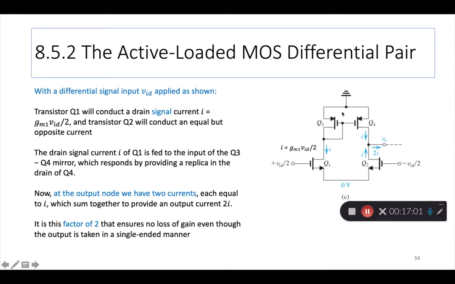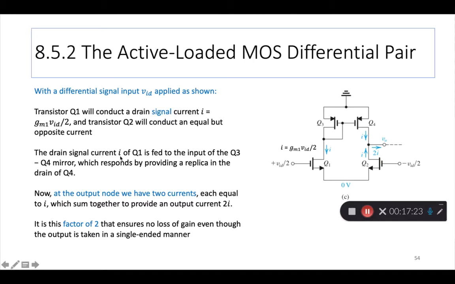If the W by L ratios are different, then of course the formula gives us this I as a function of this I. But in this case, let's assume Q3, Q4 have the same W by L or the same gms. Then the two currents are the same. That's what he explains here.